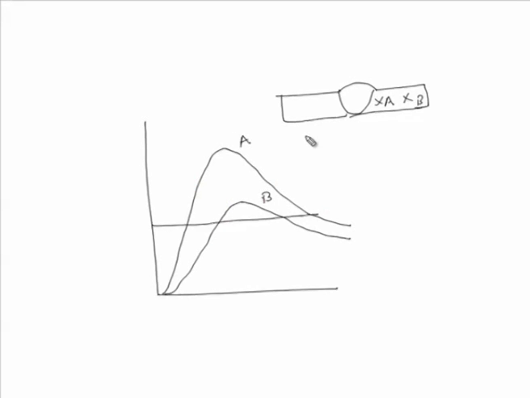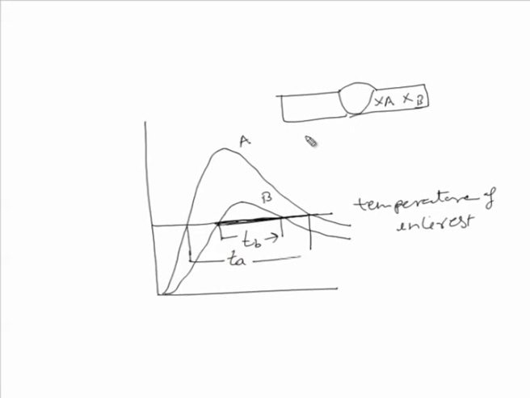If the temperature of interest which can affect the properties of the base material is this one, then the soaking time for location B above this temperature of interest is just this TB, while the soaking period in case of location A is this TA, which is much larger.